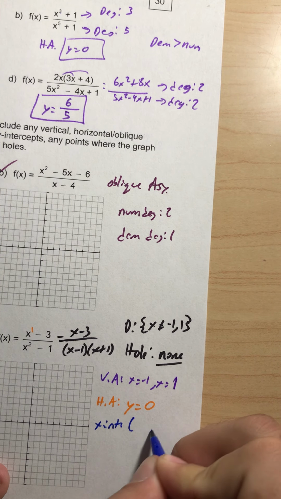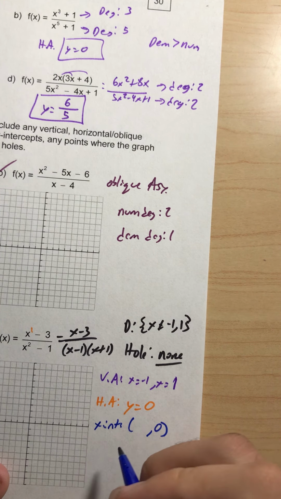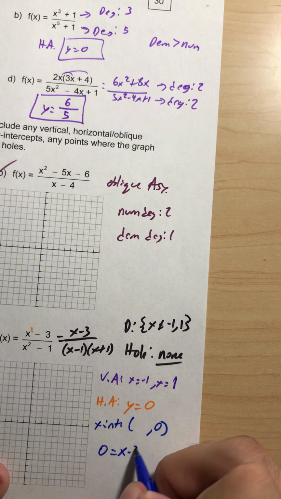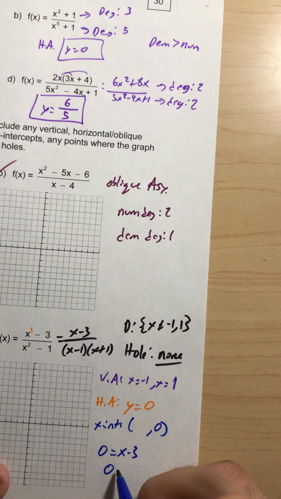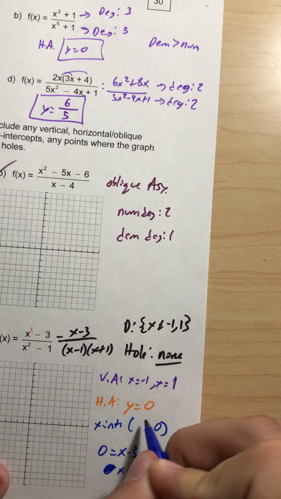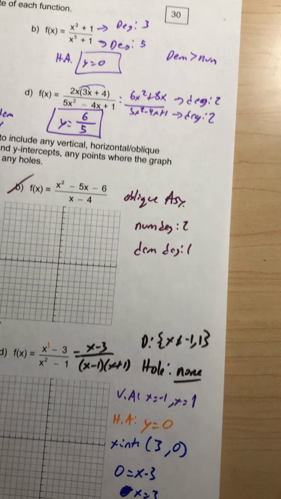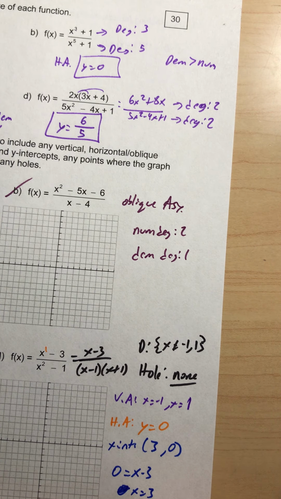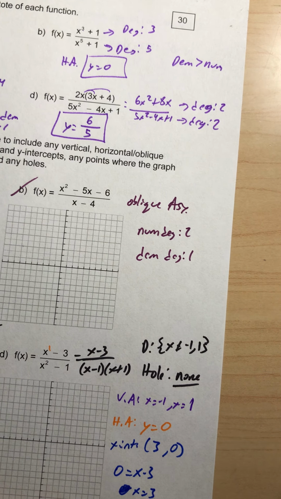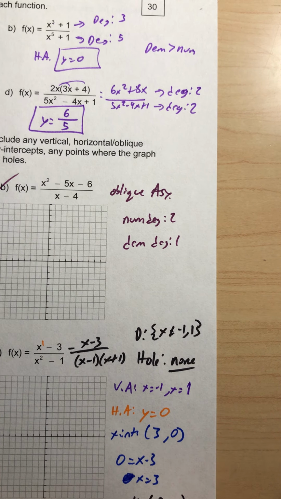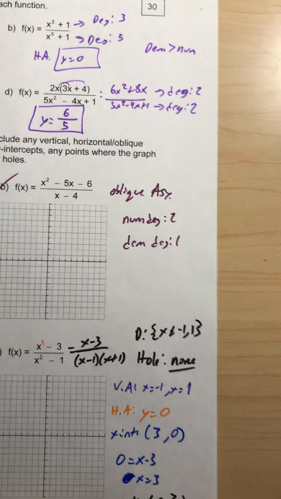My x-intercept is when y equals 0, so I set the numerator equal to 0. 0 equals x minus 3, so x equals positive 3. And then my y-intercept is when x equals 0. I plug 0 in, that would give me a negative 3 over negative 1 times 1, positive 3.